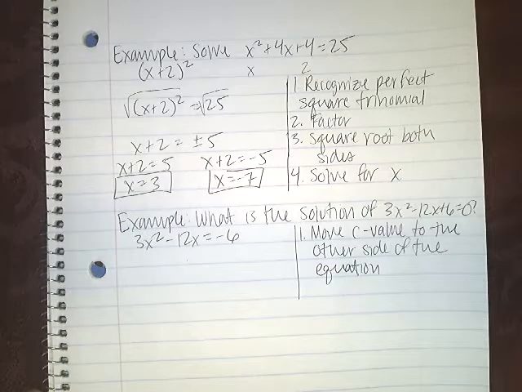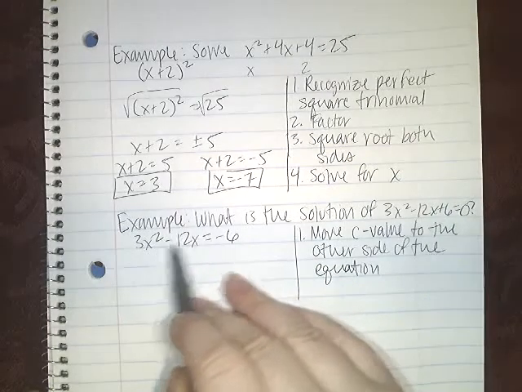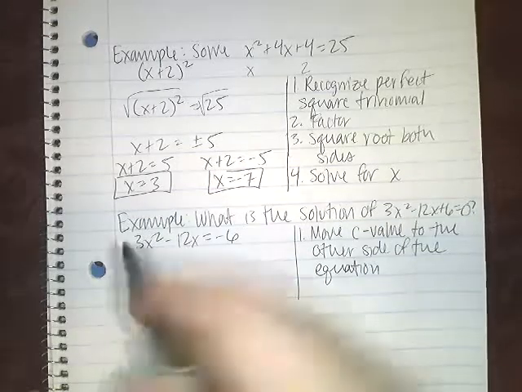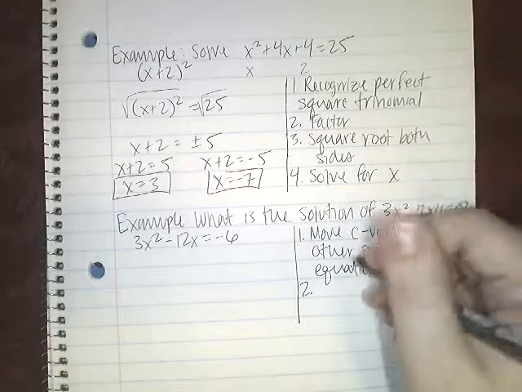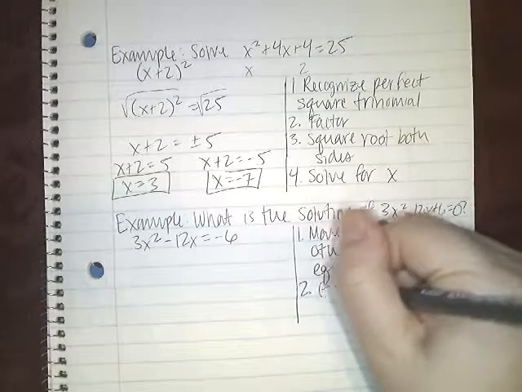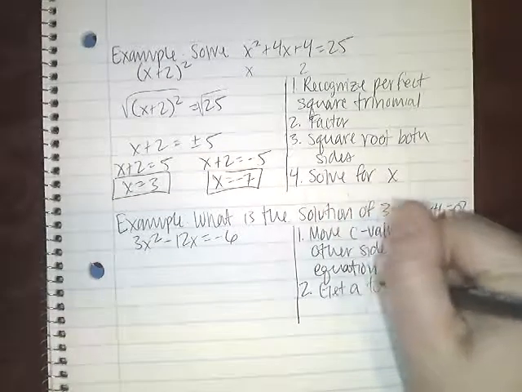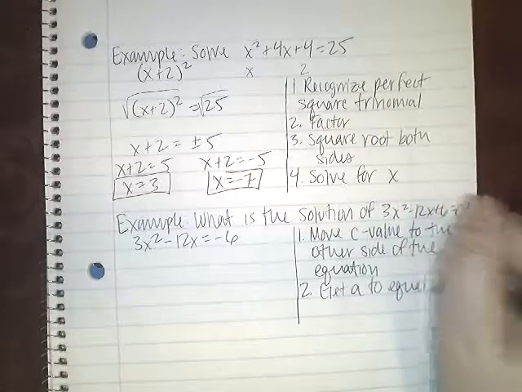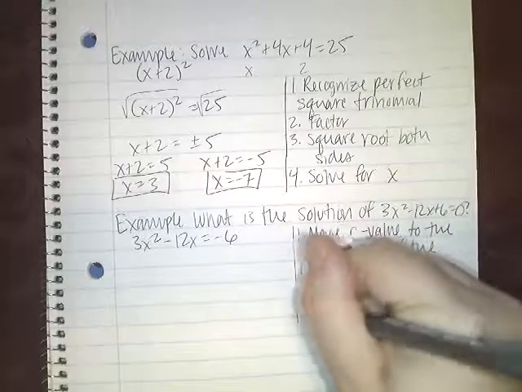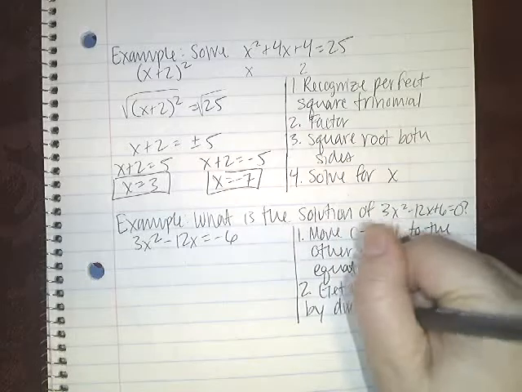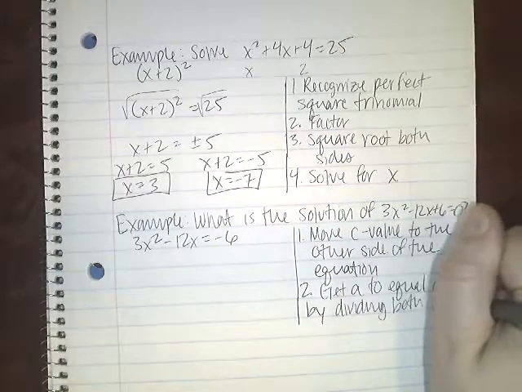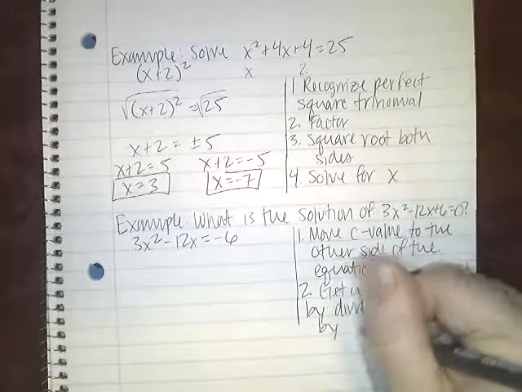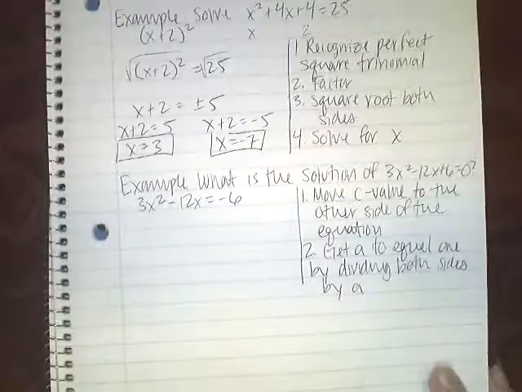So the next step, to make this a perfect square trinomial, first I need to get rid of my a value. So sorry, step 2, I need to get a to equal 1 by dividing both sides by a, or the current a value.